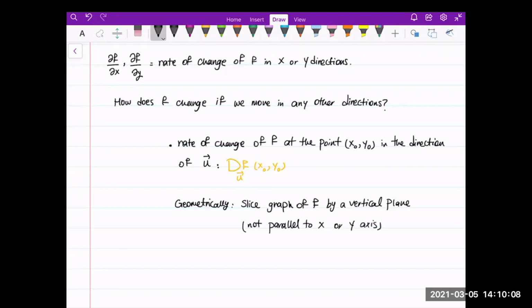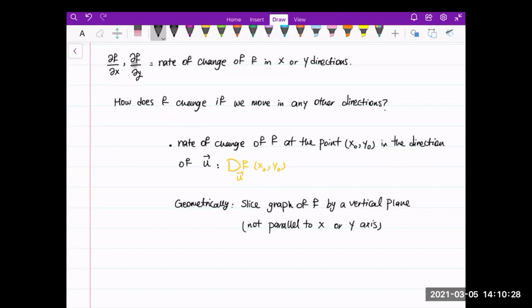If you remember, in partial derivatives with respect to x or y, we slice the graph. For example, when we took the derivative with respect to x, we sliced the graph with a plane parallel to the x-axis, perpendicular to the y-axis.